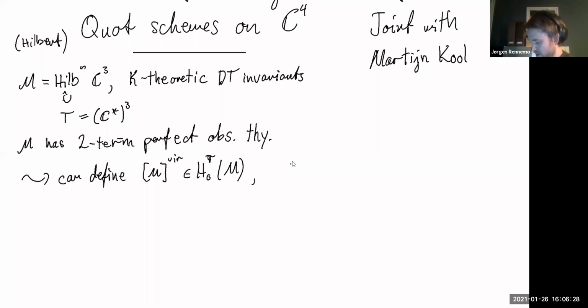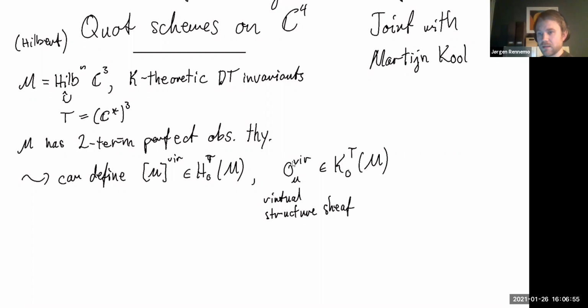The thing we're interested in today is the K-theoretic version of that. So there's this object over M, which is called the virtual structure sheaf. And despite its name, it's not a sheaf at all. It's actually a K-theory class living in the T-equivariant K-theory of M. So it's some formal difference of T-equivariant coherent sheaves on M.